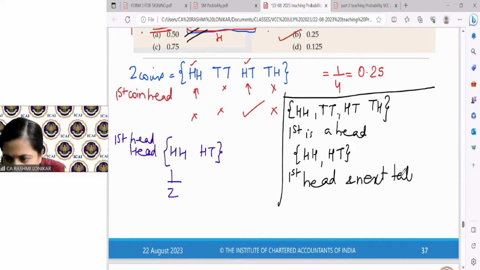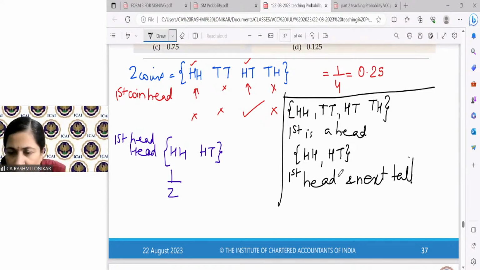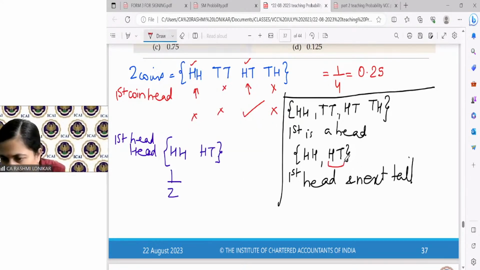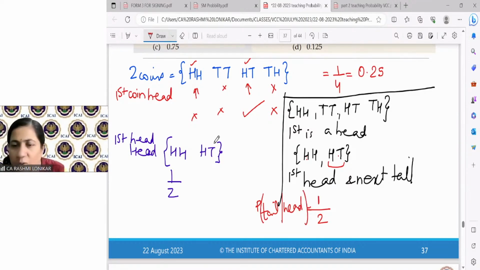So which of these? Only this is there. Only one is there, HT. So 1 upon how many are there? 1 and 2. So, 2. Therefore, the conditional probability of getting a tail given the first is a head is equal to 1/2.